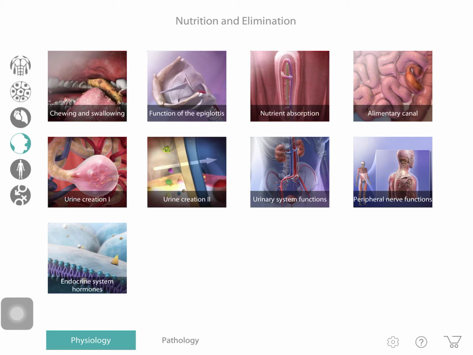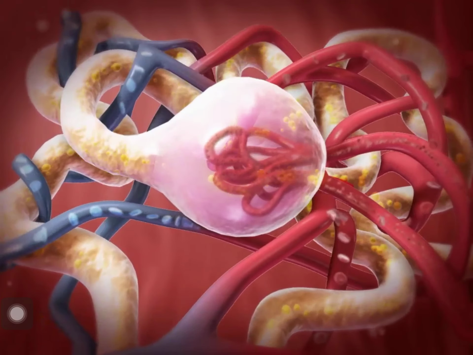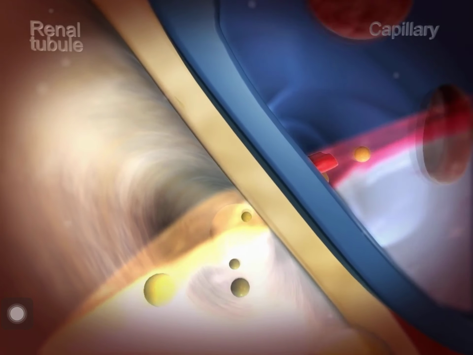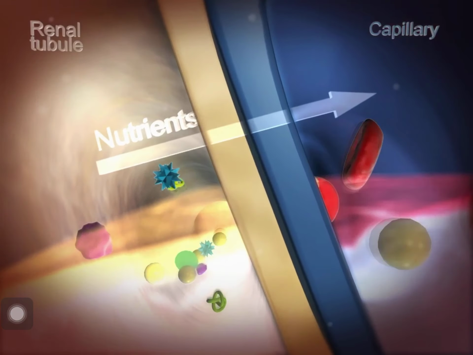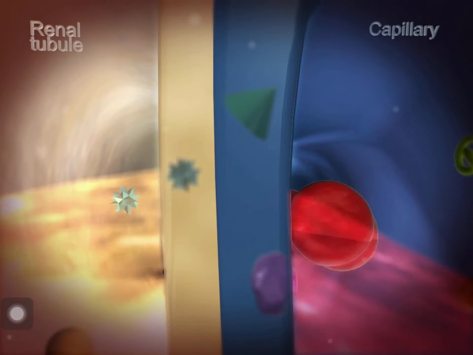So the second phase, what exactly happens after the filtrate in the formation of urine. Glomerular filtration produces a plasma-like filtrate containing waste, but also water and other substances the body needs. As the filtrate passes out of the glomerular capsule and through the renal tubule, substances like water, essential ions, glucose, amino acids, and proteins are reabsorbed into the body through cells along the tube wall.